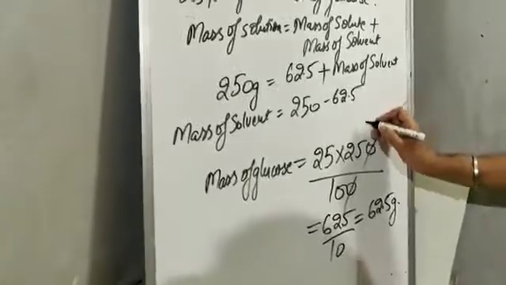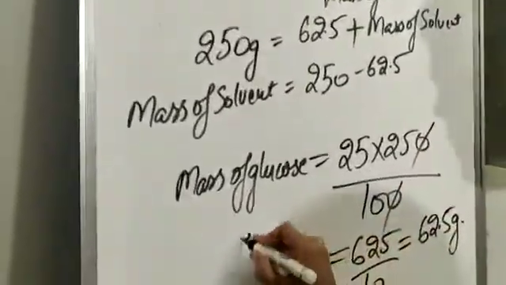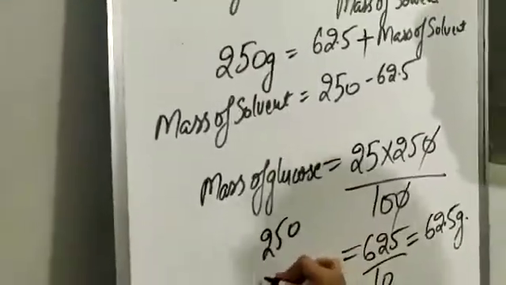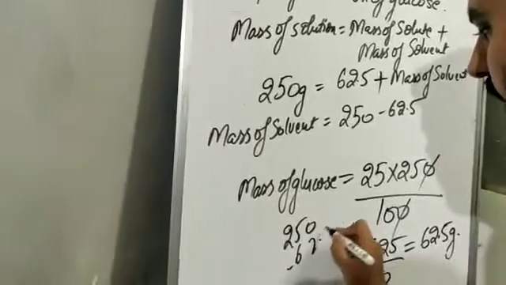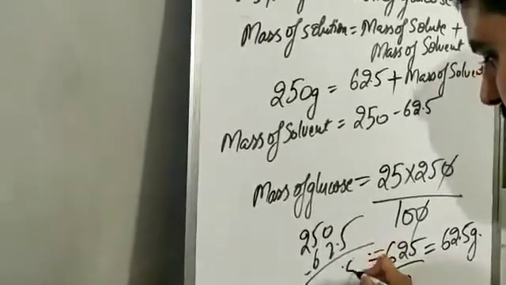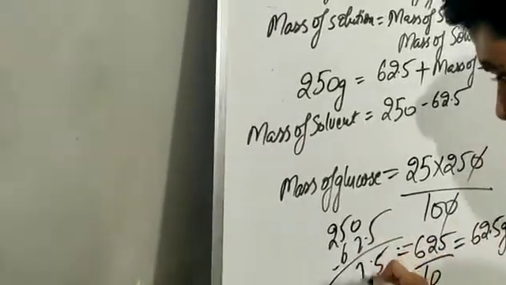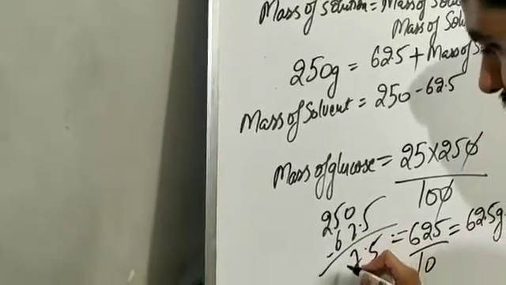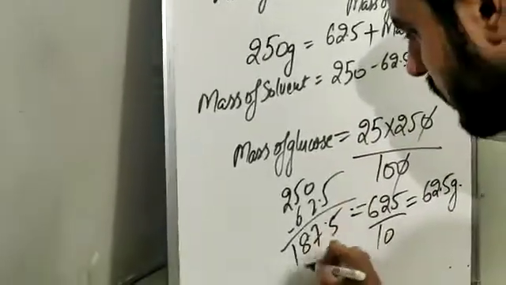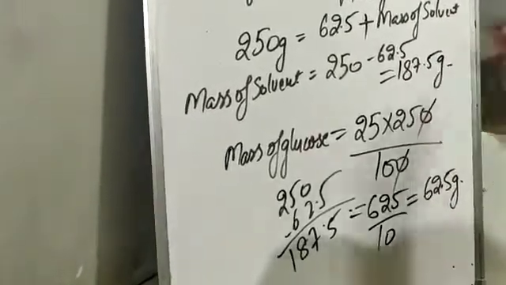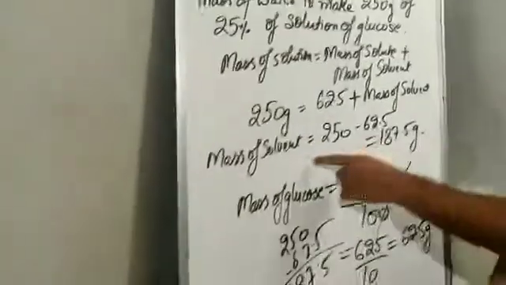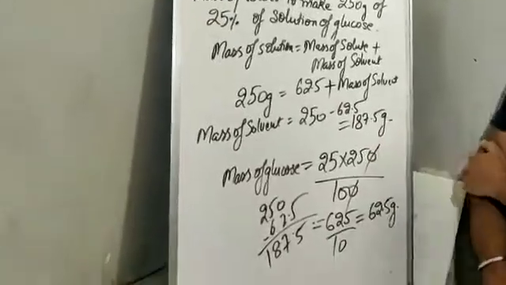Okay, 250 minus 62.5. So you do the subtraction. It comes 187.5 grams. So the mass of solvent is 187.5 gram. Got it?